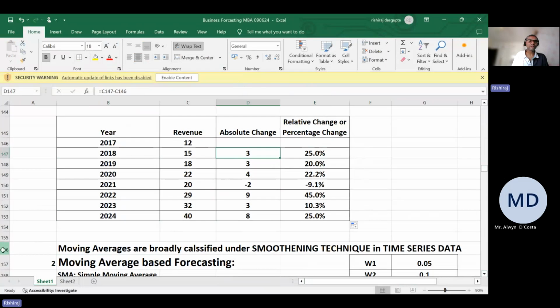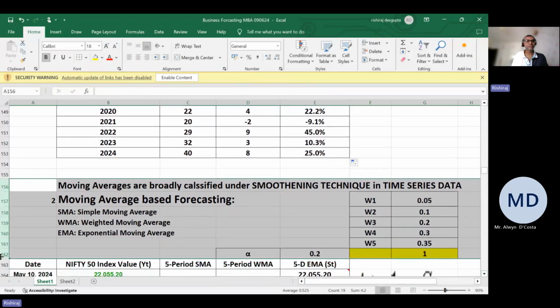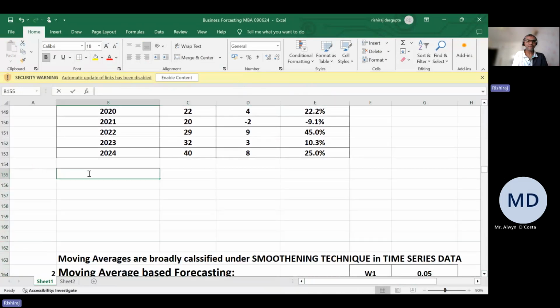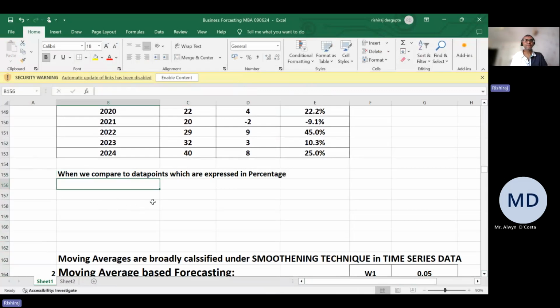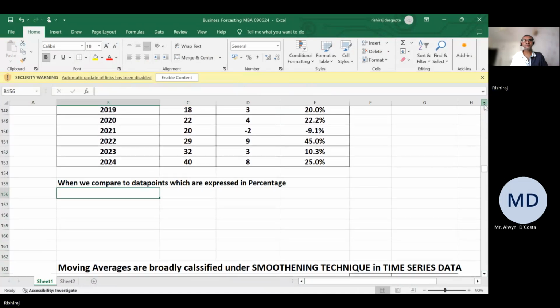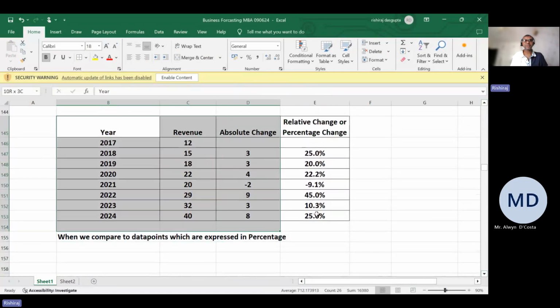Okay. Now there's a small concept, and we'll move on to moving averages after this. When we compare two data points which are expressed in percentage, be careful because everything will become percentage.